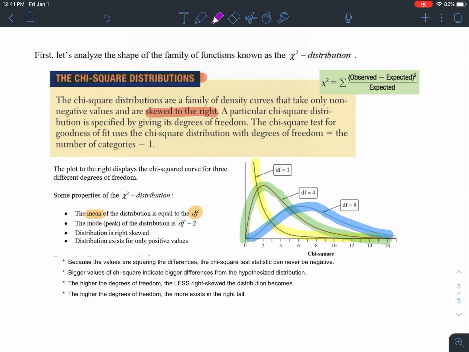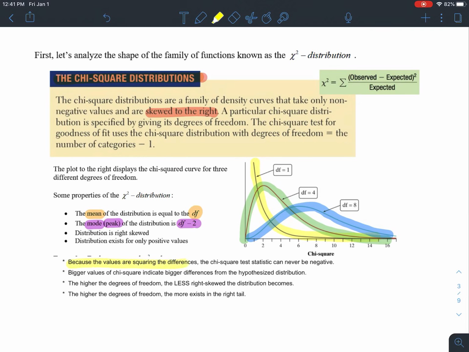Now, the mode, which is where the peak of your distribution would be, is actually the degrees of freedom minus 2. You'll notice the distribution is always skewed to the right, and the reason is that it can only exist for positive values.